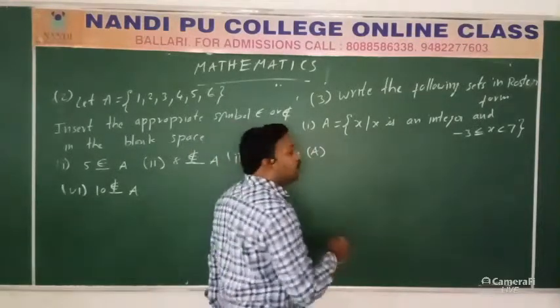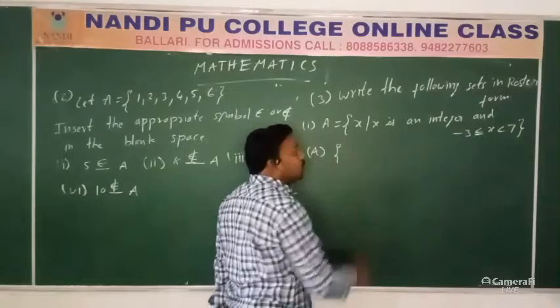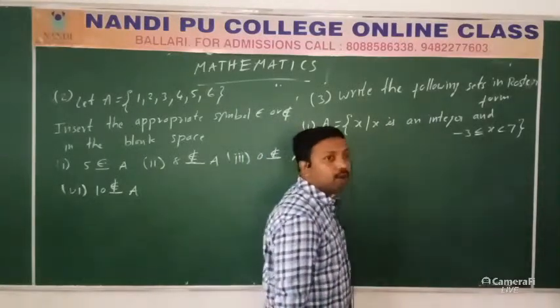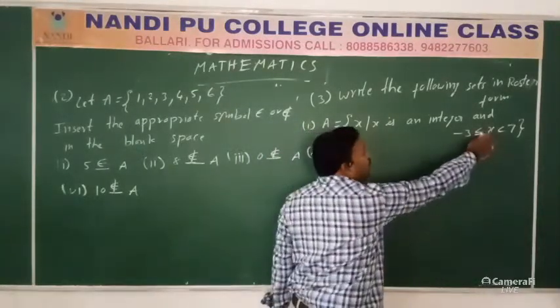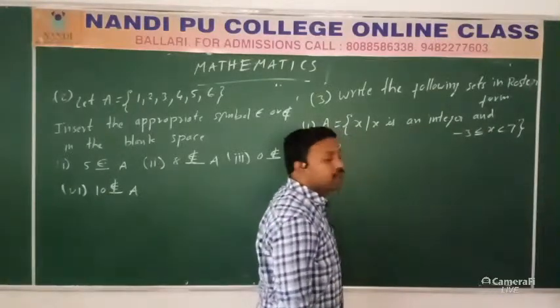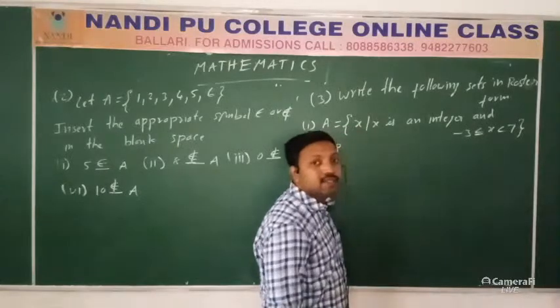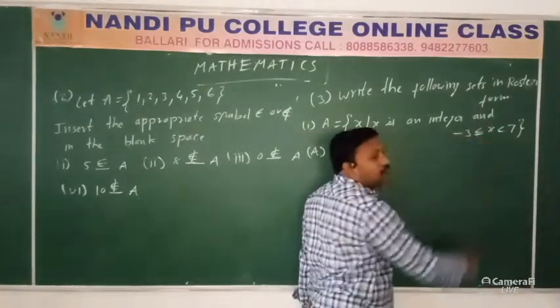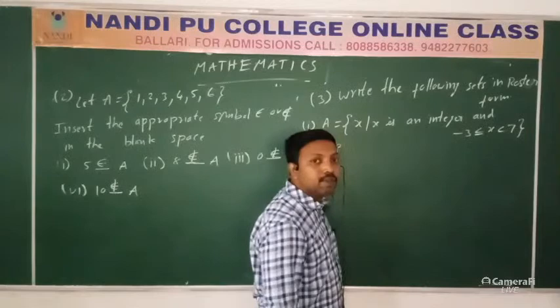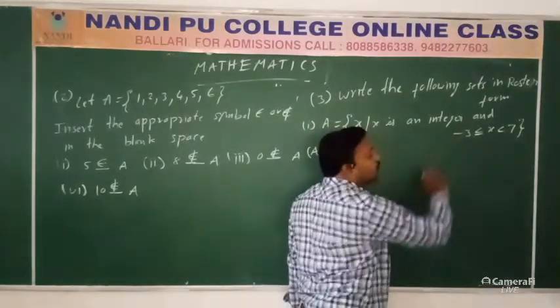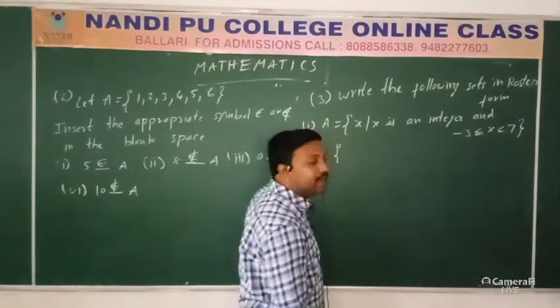So here we have to write this in listing form. Listing form means we have to write the values of x. These x values are greater than or equal to minus 3 and less than 7. Here the equal to symbol is also present, so we have to start with this number, and those are integers.